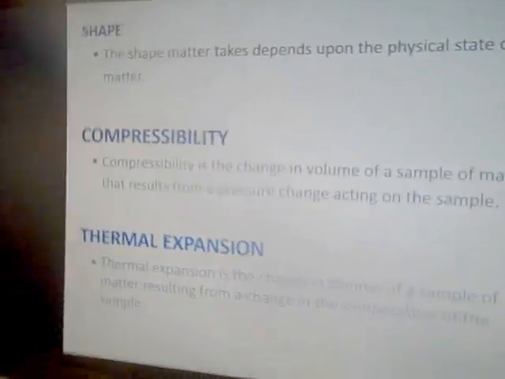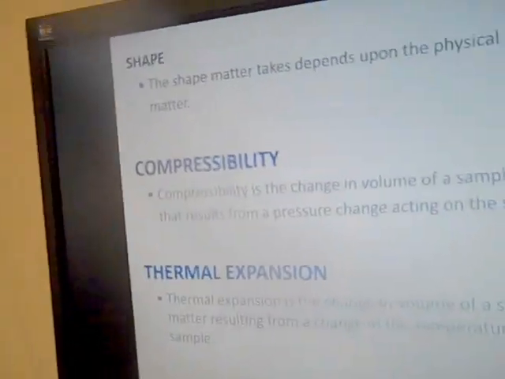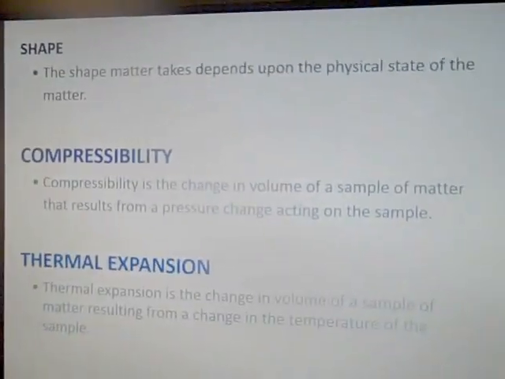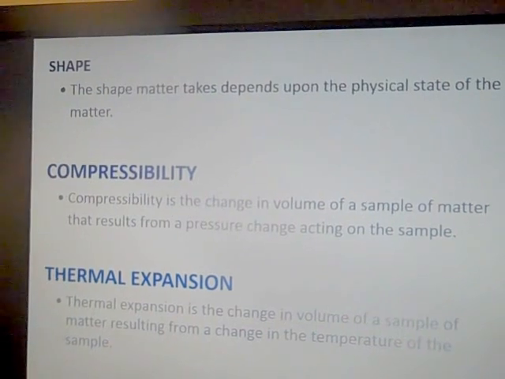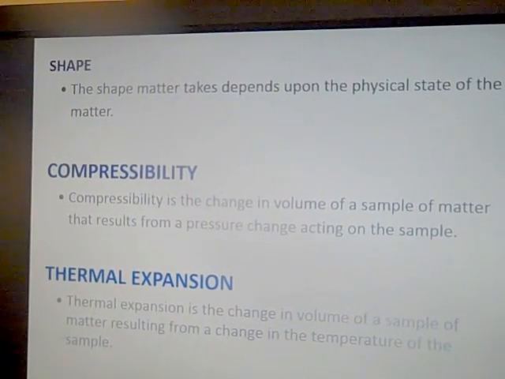Here are some terms to be familiar with, as we're looking at properties of the various phases of matter. One is the shape of the material. And secondly is the compressibility. Compressibility is defined as the change in the volume of a sample of matter that results from a change in the pressure.